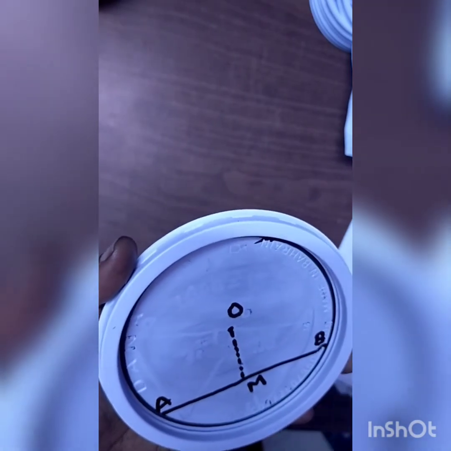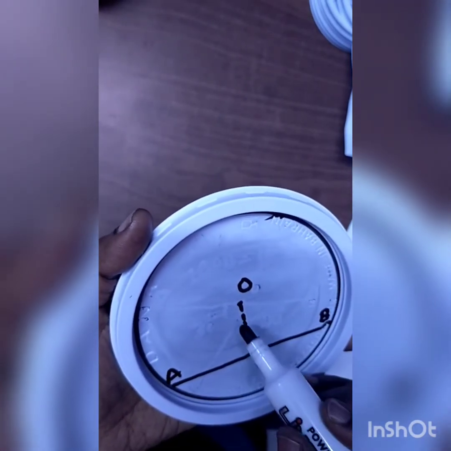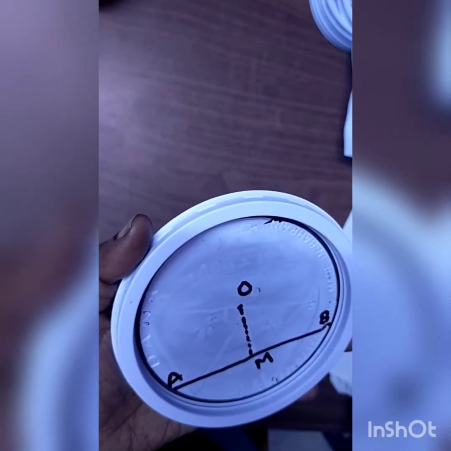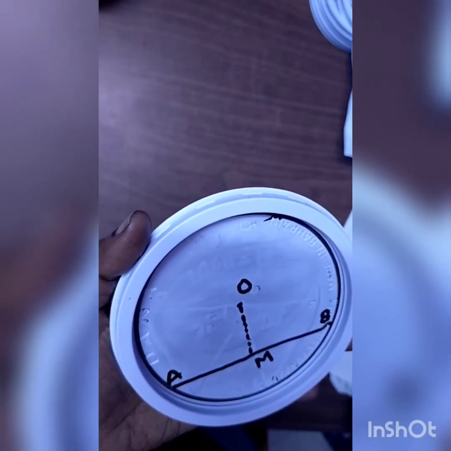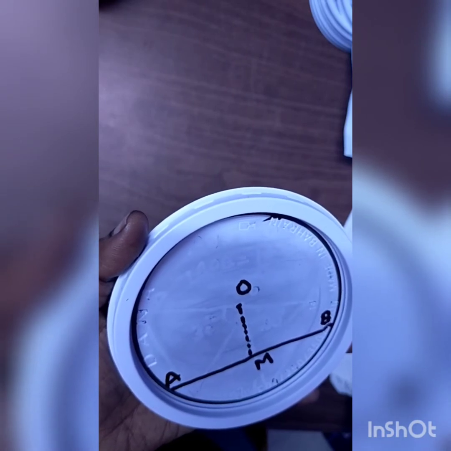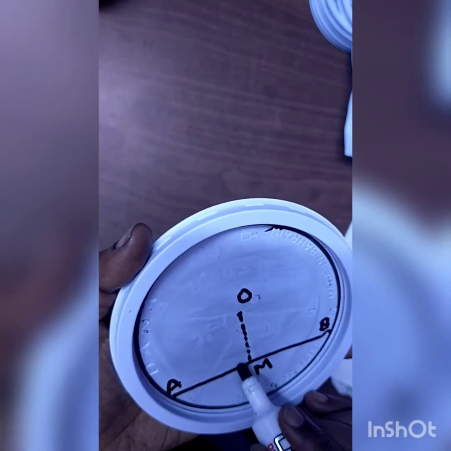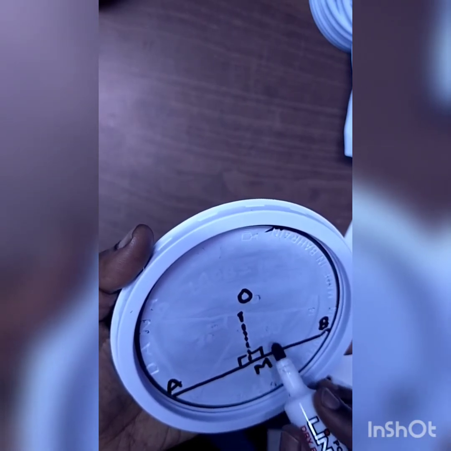So how can we say the theorem in another way? The line drawn from the center of the circle to bisect a chord is perpendicular to the chord. So this line is perpendicular to the chord.